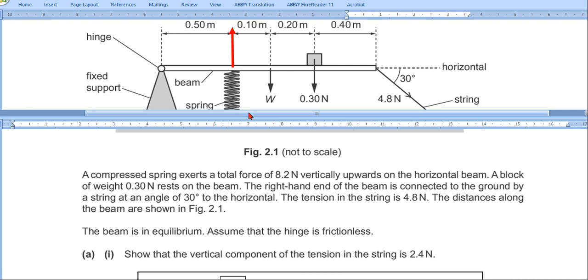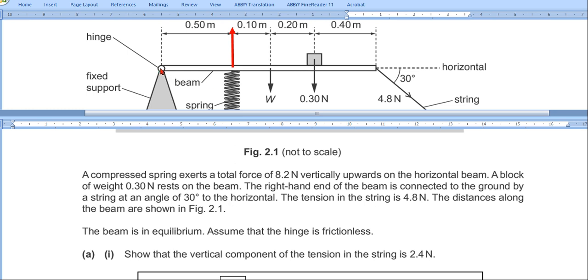A block of weight 0.30 Newton rests on the beam. The right-hand end of the beam is connected to the ground by a string at an angle of 30 degrees to horizontal. The tension in the string is 4.8 Newton. The distances along the beam are shown in figure 2.